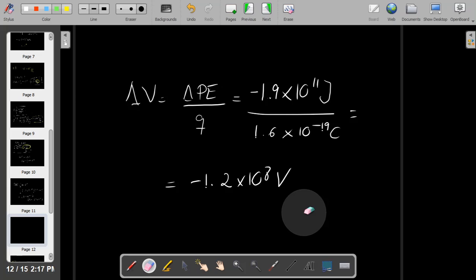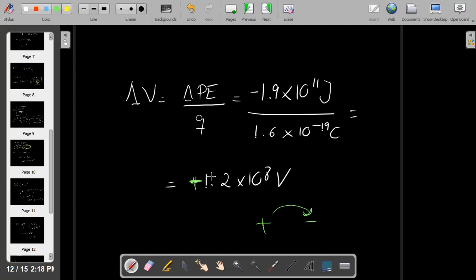It says it moves from the positive plate to the negative plate. So it says it's moving from the positive to the negative plate. So when that happens, you are going to have to change the sign. If you don't want to think about it this way, you can think about the fact that the potential difference in a capacitor is usually given as a positive number.